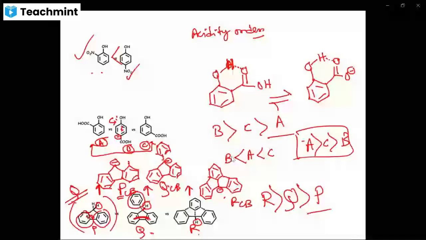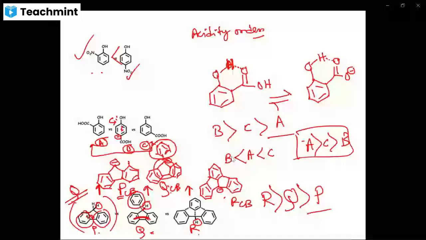At the same time, this other ring comes into resonance with all the three rings. So now the whole system becomes planar. If you compare the stability gained from P to PCB, the stability gained by going from Q to QCB is much higher, because one extra ring comes into conjugation.